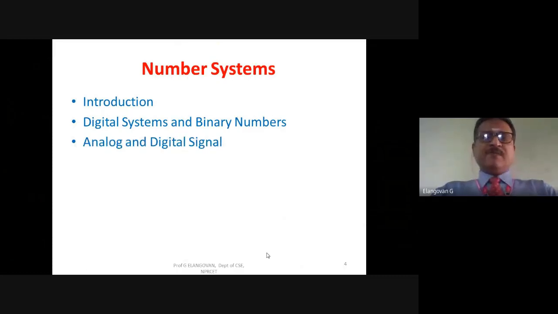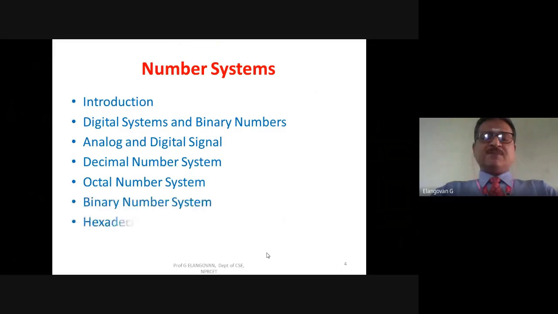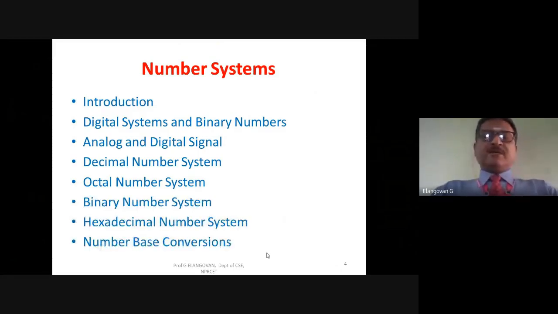We will start with the very basic and conventional decimal number system, and the special numbering systems: octal, binary, and hexadecimal. After studying these four, we will analyze how to convert from one numbering system to another.